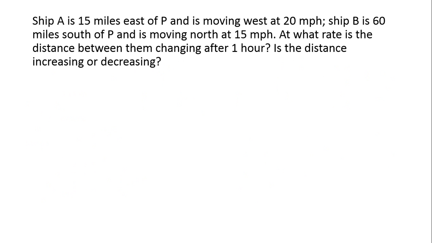So ship A, which will be right here, is 15 miles east of point P and is moving west. So it's moving in this direction at 20 miles per hour. Right off the bat, we can say that dA over dt is 20.